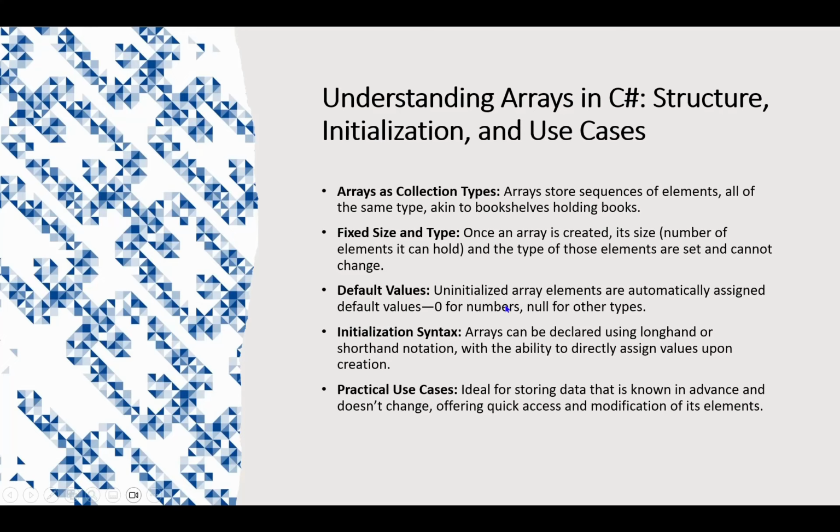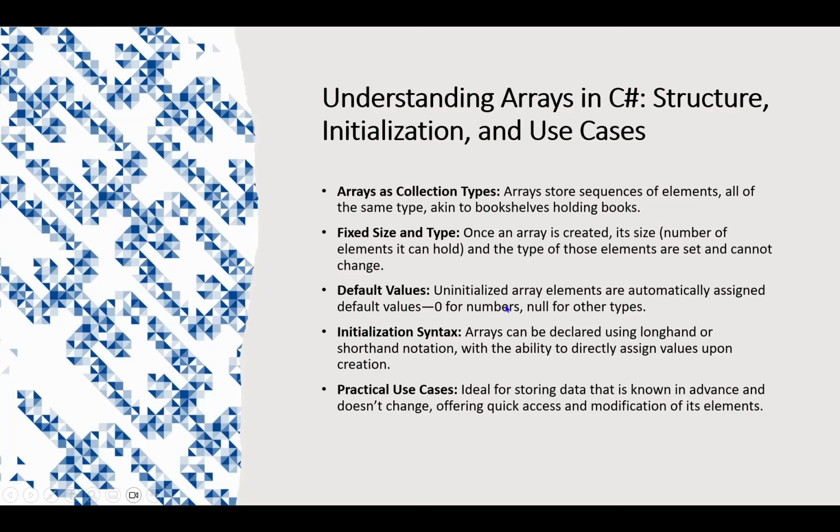The size of an array is set when you create it and can't be changed. Also, if you don't put anything in the boxes right away, they don't stay empty. Number boxes get a zero, and other types of boxes are considered empty or null.